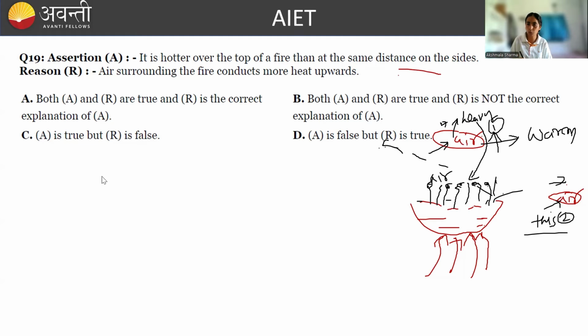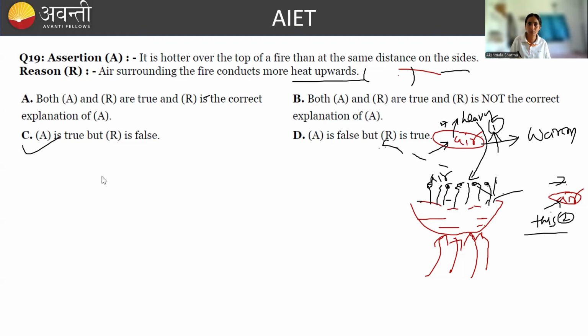It is hotter over the top of the fire? Yes, it is. Then at the same distance on both sides? Yes, true. Air surrounding the fire conducts more heat upward. To me it feels correct, but in the answer C is given, maybe because they are going more into the explanation: in the upward direction both convection and radiation are playing a role, but sideways almost only radiation is playing the role. So maybe that is why they have called it incorrect.